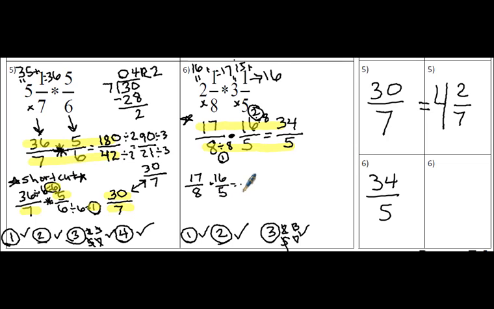Let's see what that would look like with our normal steps. 8 times 5 is 40, and 17 times 16 is going to take you a little bit of time to do on the side, but that gives you 272. That is going to be more difficult to simplify, but I do see that they're both even, so I'm going to divide both of those, the numerator and denominator, by 2, and 40 divided by 2 is 20, and 272 divided by 2 is 136.